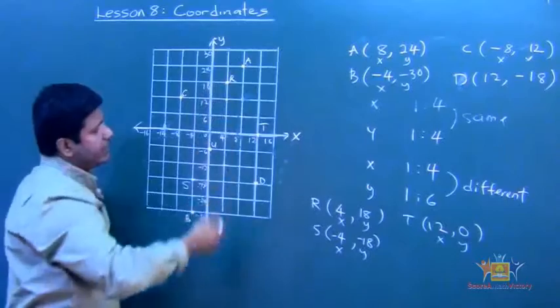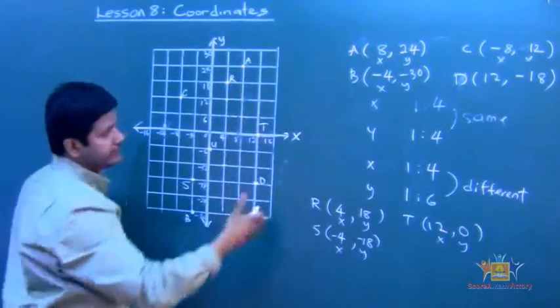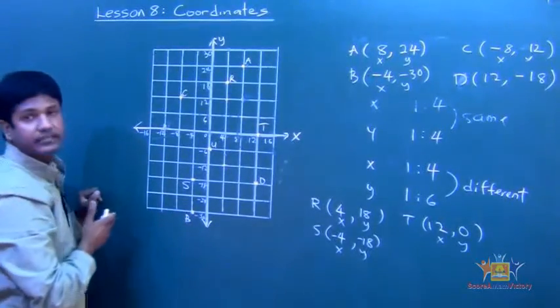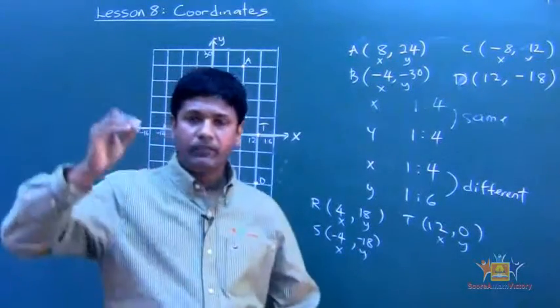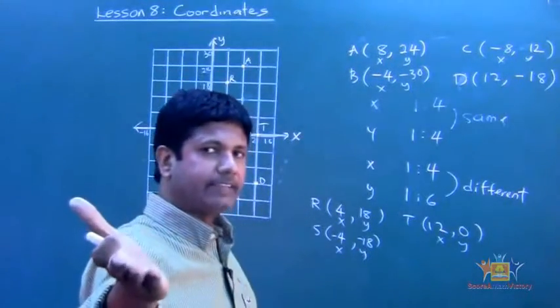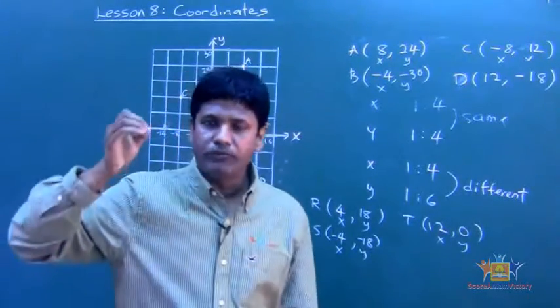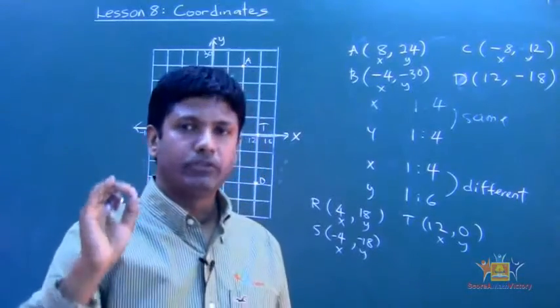Because along this line, x is 8, x is 12, x is 16, x is -8, x is -12, -16. See that? So keep in mind, again, if the point falls on the x-axis, y is 0. If a point falls on the y-axis, x is equal to 0.